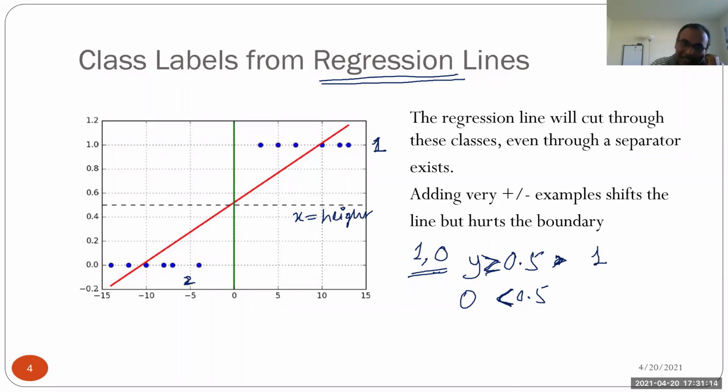So its nature is such that it will pass through the middle of the data. It will cut between the classes, right? And that might be one of the reasons why it is so sensitive to the outlier. If you have one more outlier here, it will tilt this way. Now, if you look at the natural problem of classification, then we don't want that model to fit the data.